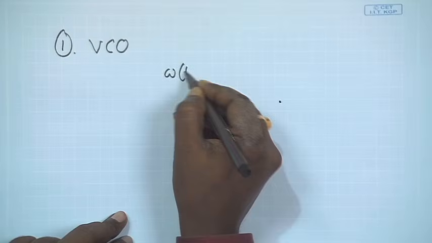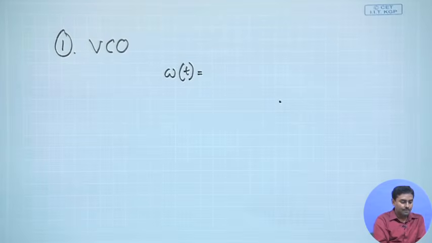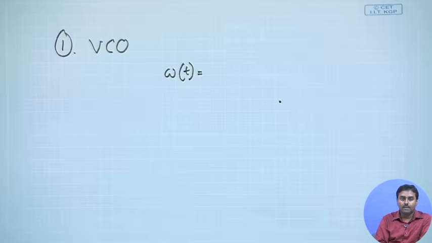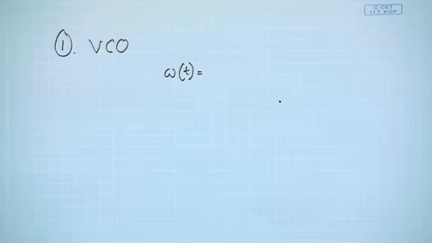So, omega c t is the frequency of oscillation of this voltage controlled oscillator. This is the output. The output is a cos omega t.